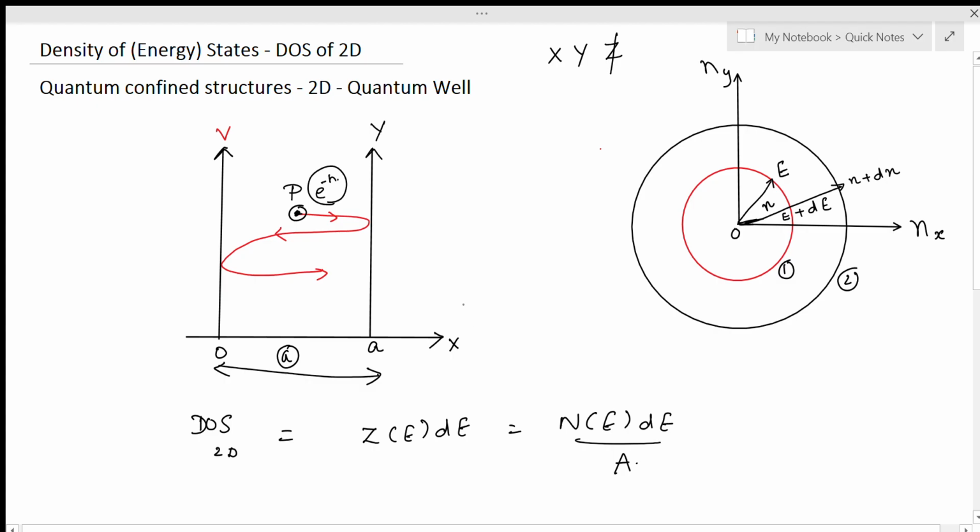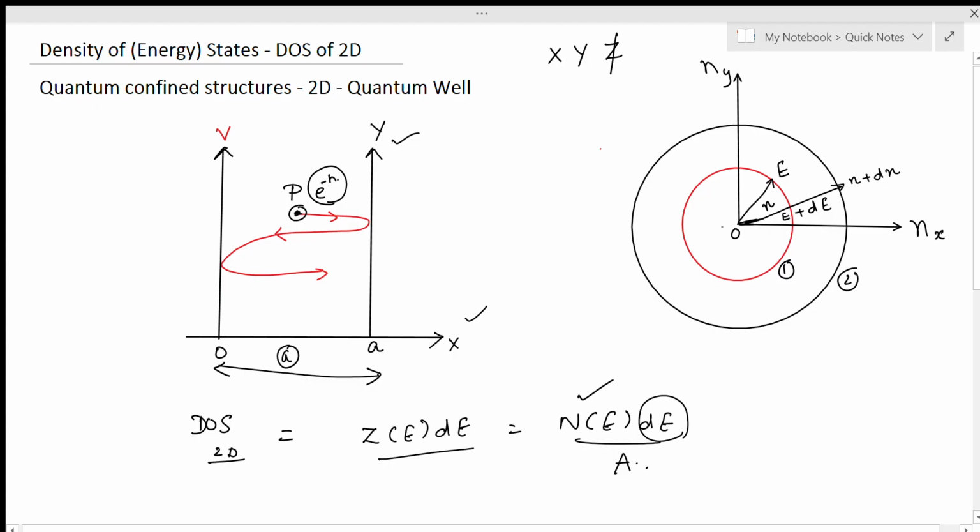So it is the quantum well or two-dimensional structure. The definition for density of states for a quantum well is the number of available energy states per unit area in the energy interval dE, which is given by Z(E) dE.